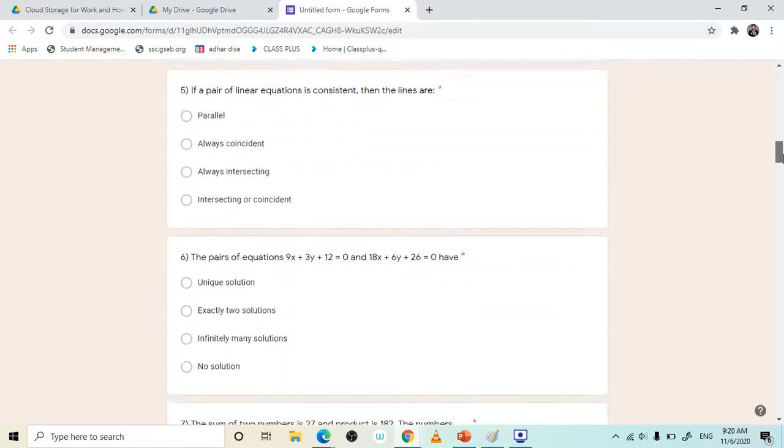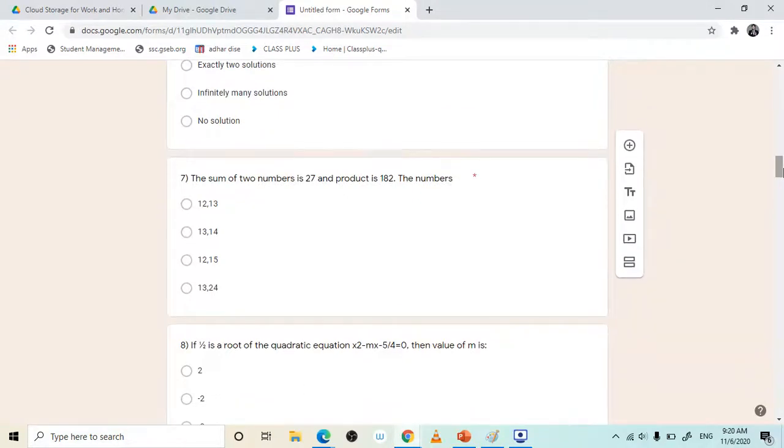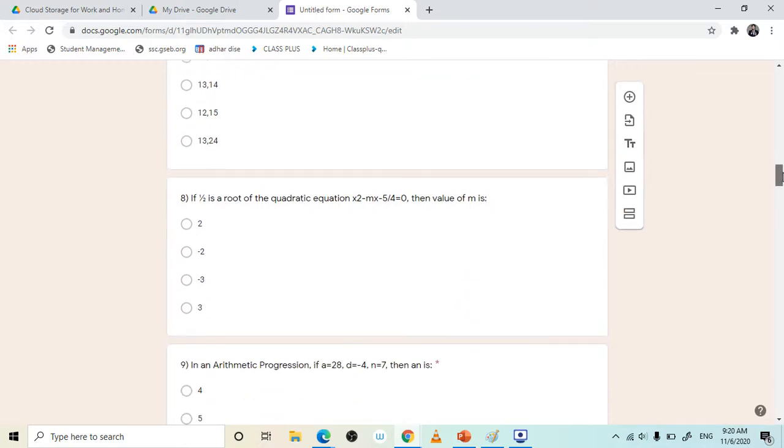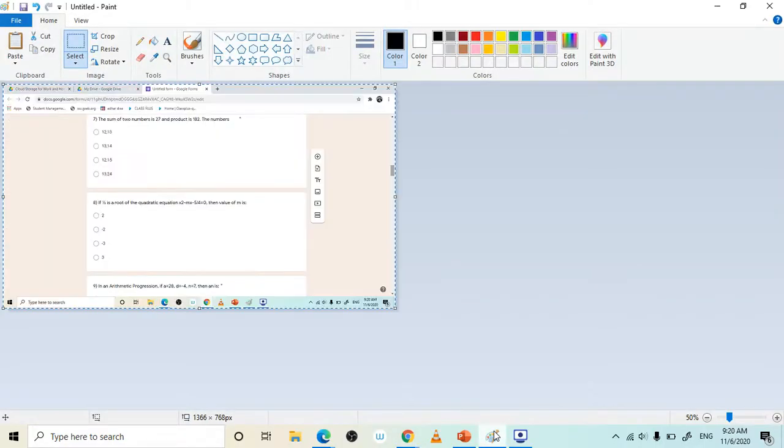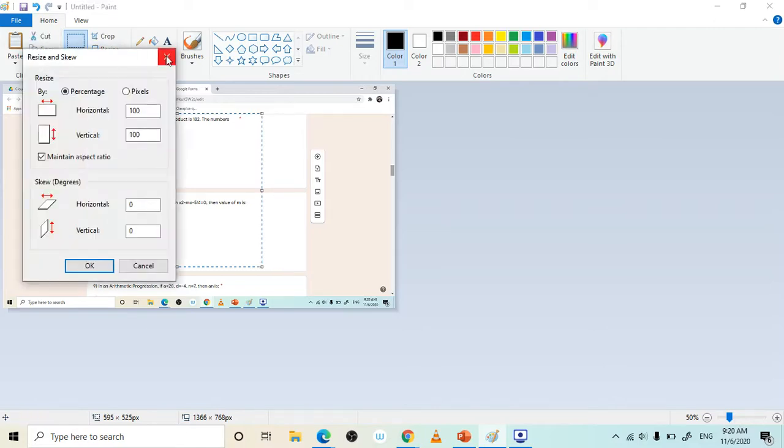Now see here, seventh question. The sum of two numbers is 27 and the product is 182. These numbers we have to find. I will just make the equations. Because you people got such good marks, I hope you have solved all these questions.